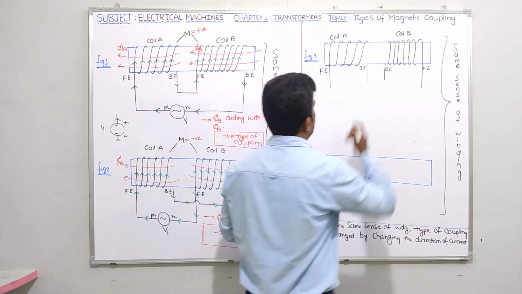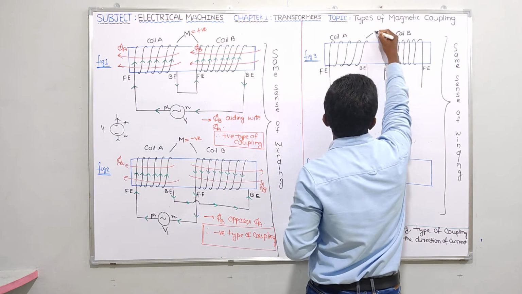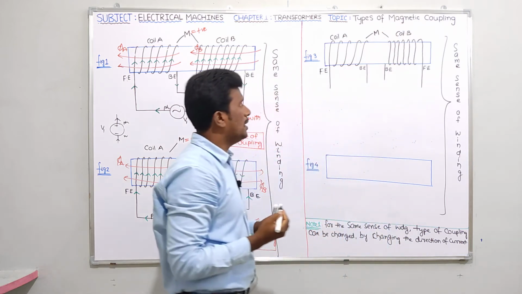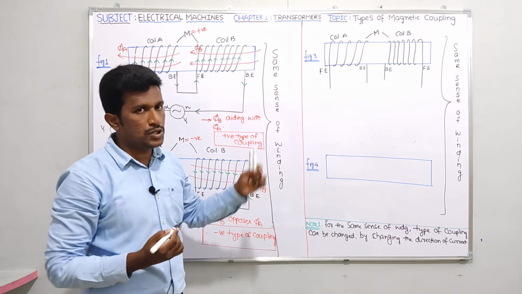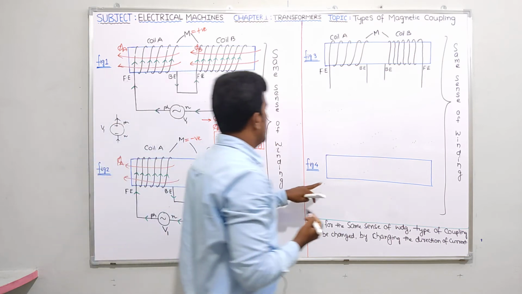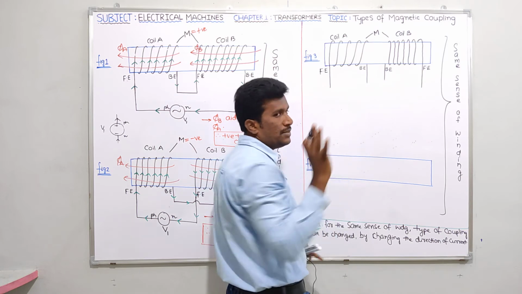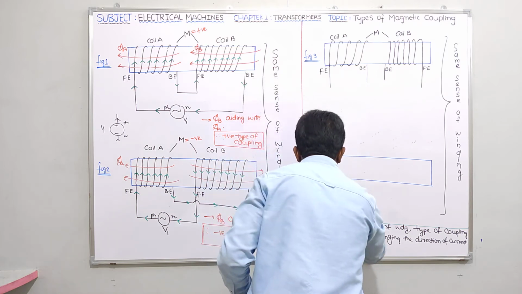Okay, let me draw. Before that, between this coil A and coil B, you will have a magnetic coupling. Let me show between coil A and coil B. I am showing mutual inductance as M. So in figure number 4, the sense of winding should be just like figure number 3. Yes, let me draw.